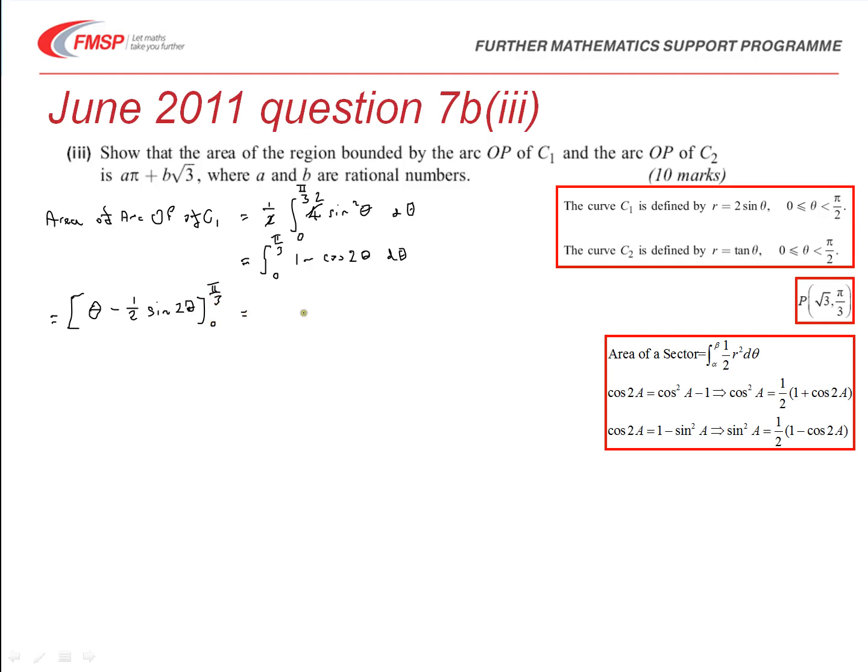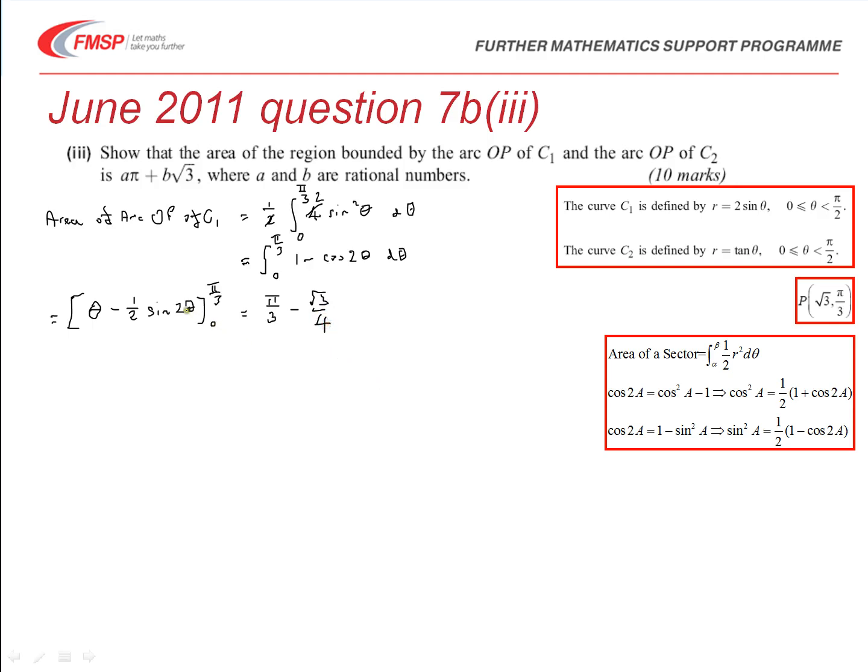Well, substituting pi by 3, we're going to get pi by 3 for theta minus a half the sine of twice pi by 3. Well, twice pi by 3 is 2 pi by 3, but by the symmetry of the sine graph, we know that the sine of 2 pi by 3 and the sine of pi by 3 are the same, and they're both equal to root 3 over 2. And so when you halve that, that will become root 3 over 4.